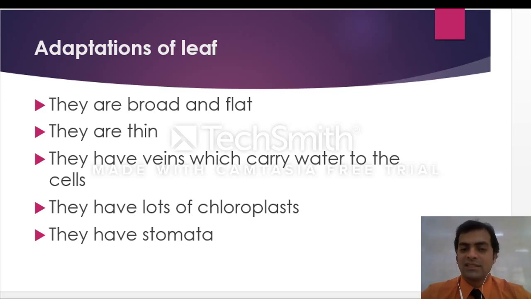If you haven't, you can take a leaf from a tree around you and observe the veins. They have lots of chloroplast so that they have chlorophyll to maximize the rate of photosynthesis, and they have stomata. In the next video, I will tell you about the factors affecting photosynthesis.